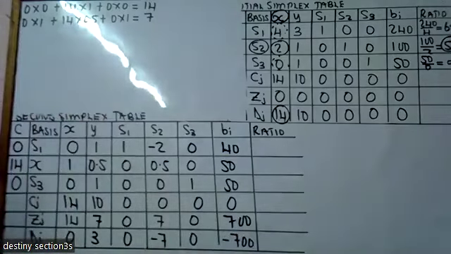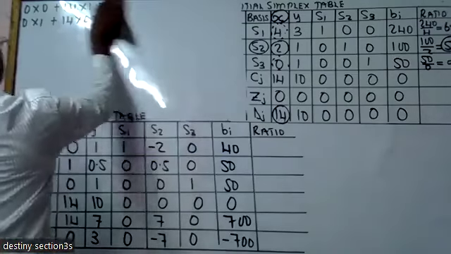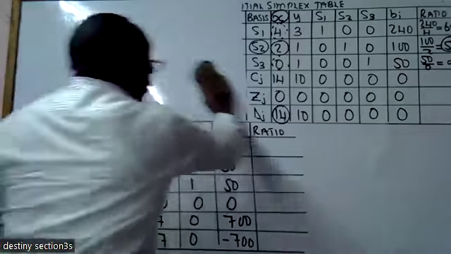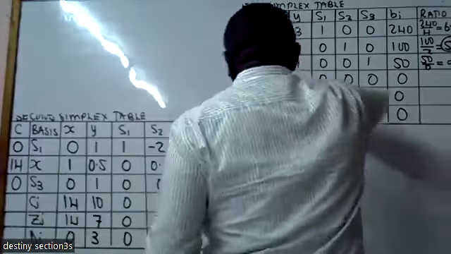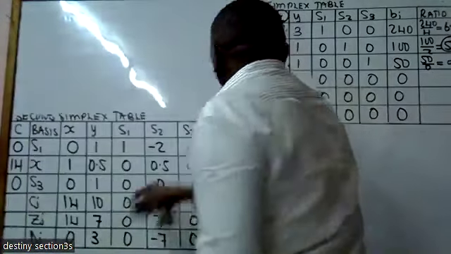So is that table optimal now? Yeah, I can see I'm told it is not optimal. Good, because we have a positive value here.